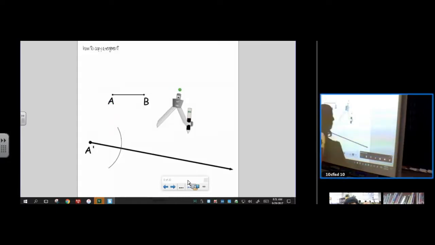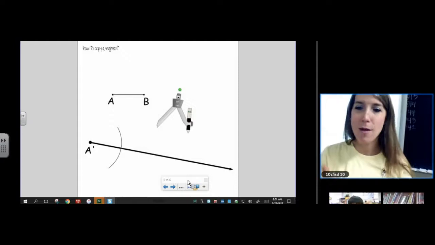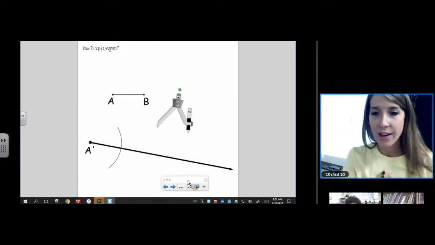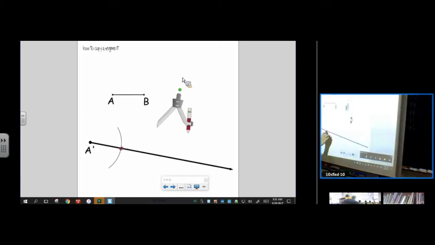You're not done. That is not your answer. A lot of my students stop there and go to problem number 2. No. Where the arc intersects the ray, that is your new B. So we don't call it B, we call it B prime. I have now copied this exact segment. If we had patty paper, like tracing paper, we could check it perfectly.